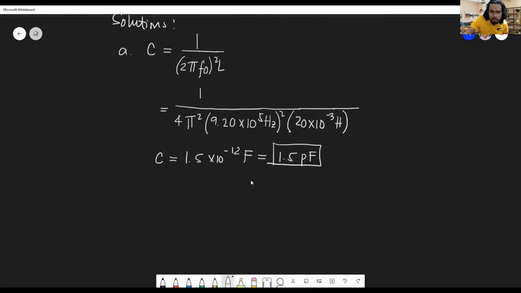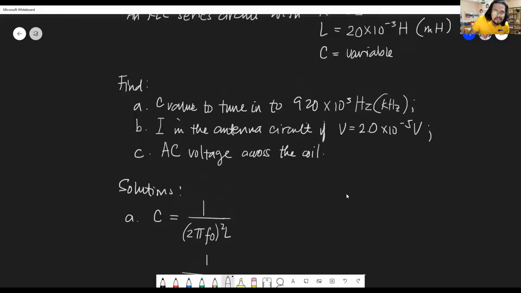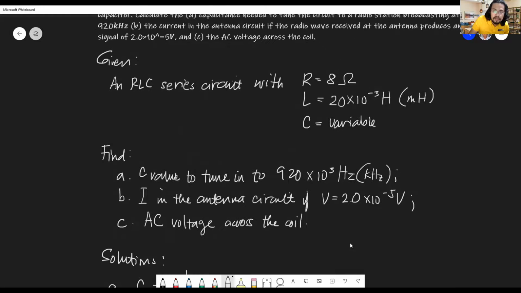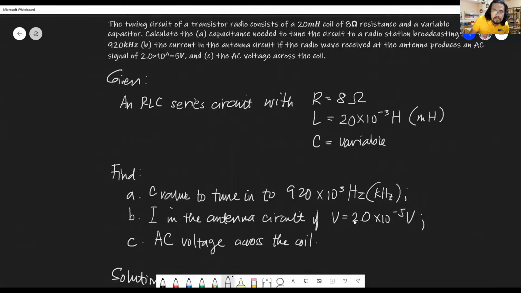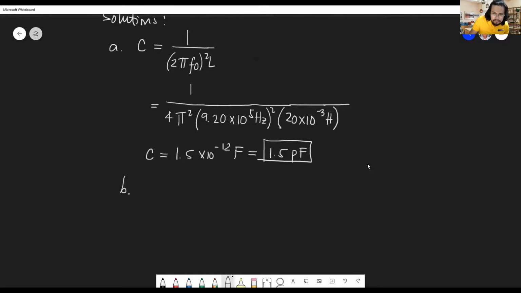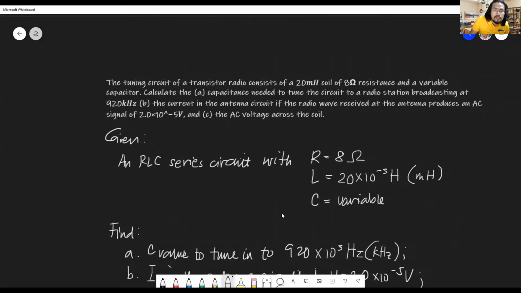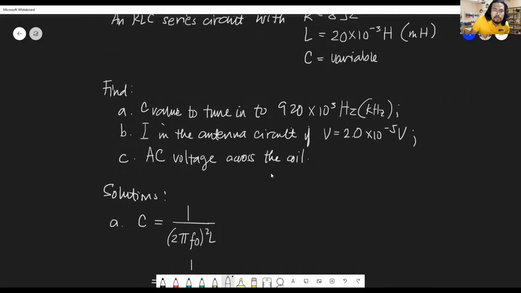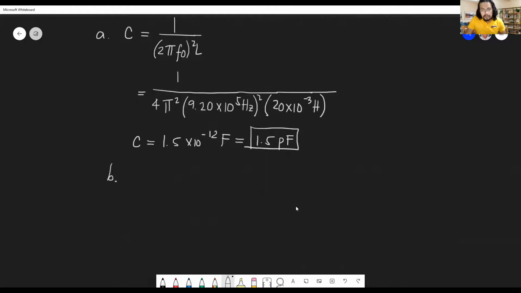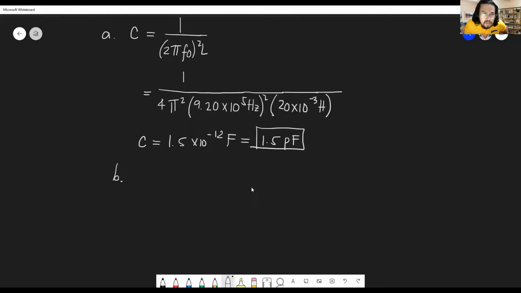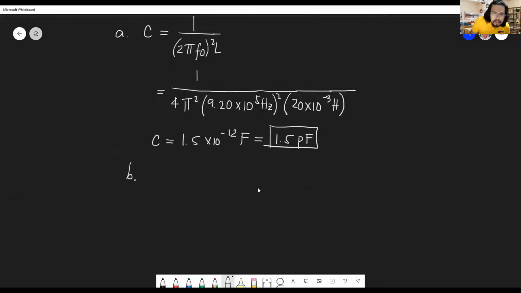Right, letter B. Let's try to understand letter B better. The current in the antenna, if V equals 2.0 times 10 to the negative 5 volts. This happens if we have the system at resonance.